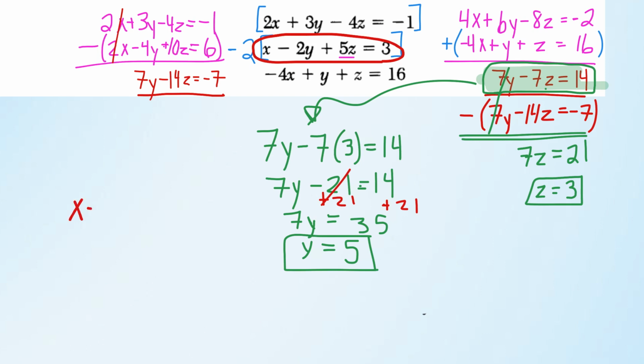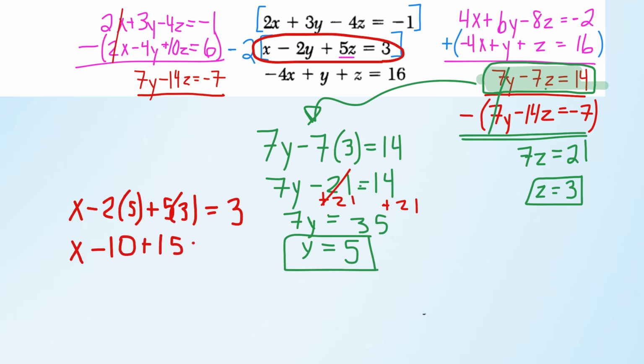All right, x minus 2 times y being 5, plus 5 times our z value of 3 equals 3. So this becomes x minus 10 plus 15 equals 3, which is x plus 5 equals 3, which means x equals negative 2, and that's 3 minus 5.